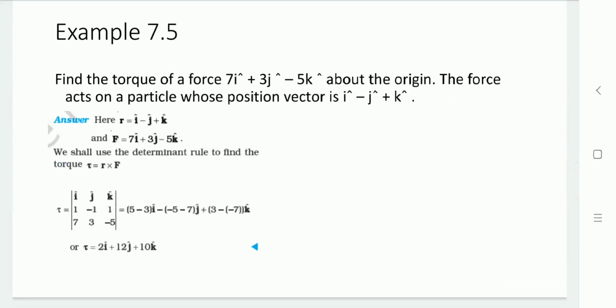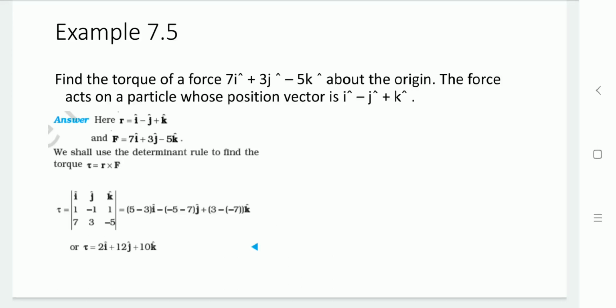Find the torque of a force 7i plus 3j minus 5k about the origin, acting on a particle whose position vector is i minus j plus k. So position vector r equal to i minus j plus k, and force is 7i plus 3j minus 5k.